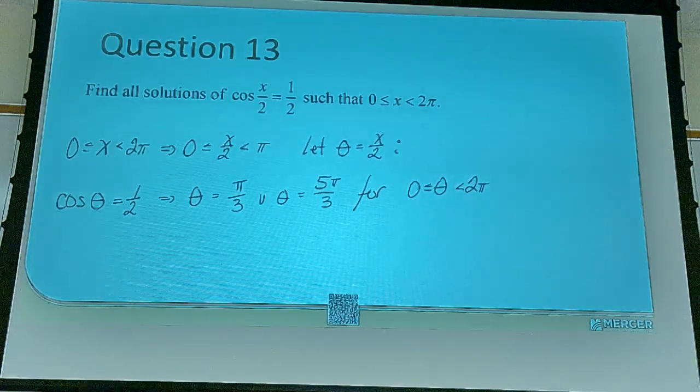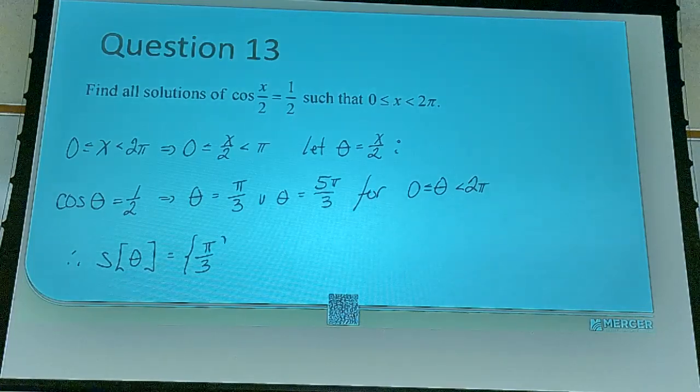But we only want 0 to pi. Which, if any, of those angles are between 0 and pi? Only one, pi over 3.